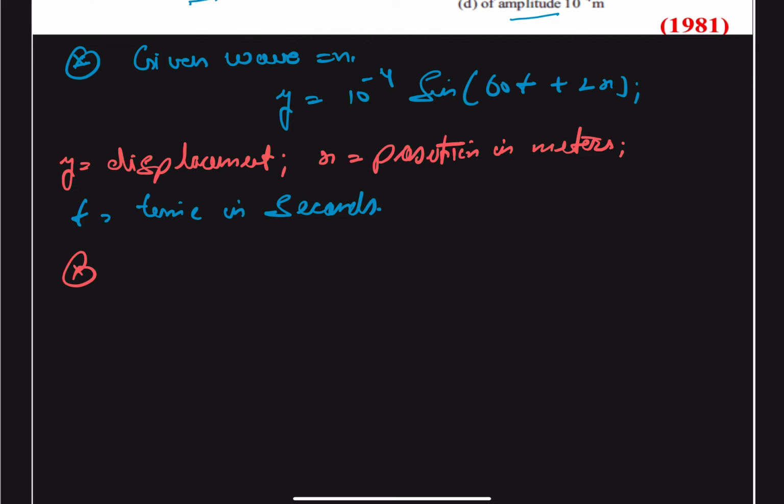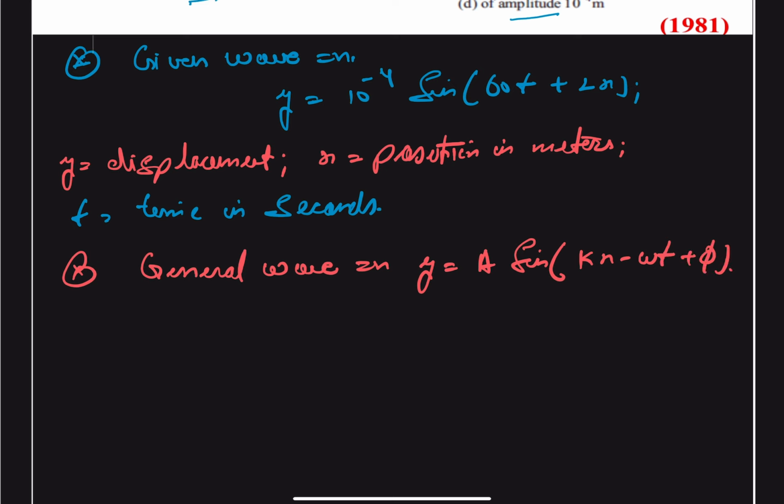So the general wave equation is y equals a sine of (kx minus omega t plus phi).